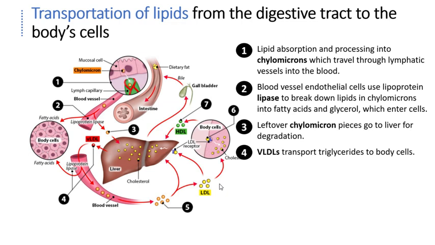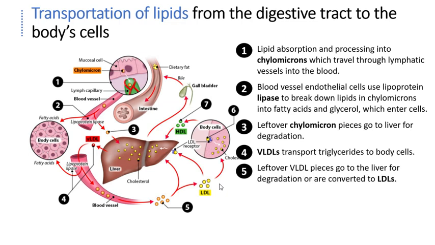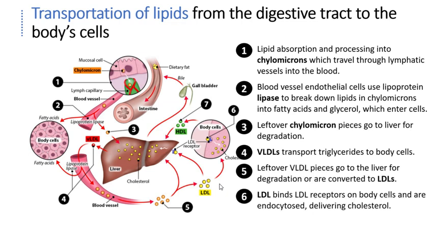Okay, so we're going to transport fats and triglycerides to our body cells. So we'll do this with VLDLs and LDLs. Okay, so when you think of these two, VLDL and LDL, think going to the tissue. So going from the liver to our body's cells, right? That's what LDL and VLDL are doing. They're taking the cholesterol, the fats, the lipids to the body cells.